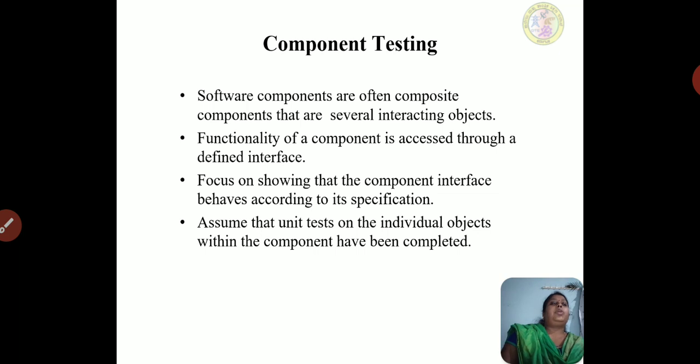Then we will move on to the next test, known as component testing. What are the components in software testing? We have the set of components, also known as composite components, that have several interacting objects. It can be a different set of objects. Each functionality of the component can be accessed through a different set of interfaces.